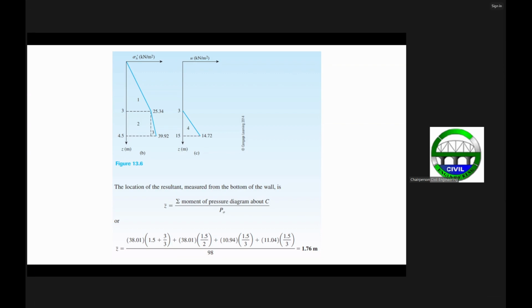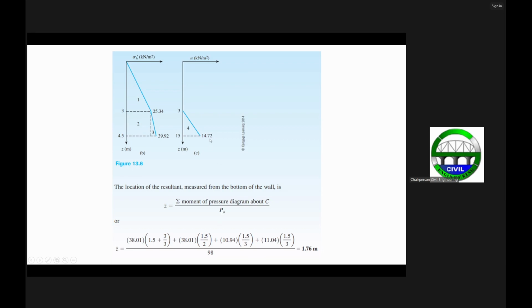And then for this pressure diagram 2, the force is 38.1, and the centroid from point C here is 1.5 over 2. Then for the resultant force for this triangle, which is 10.94, that's 1.5 over 3.